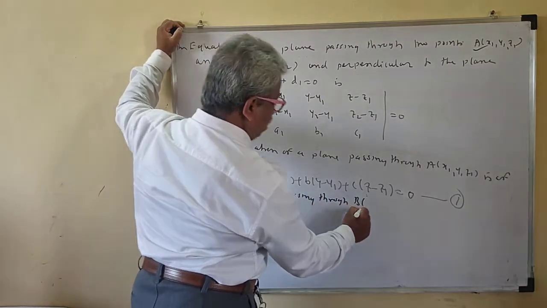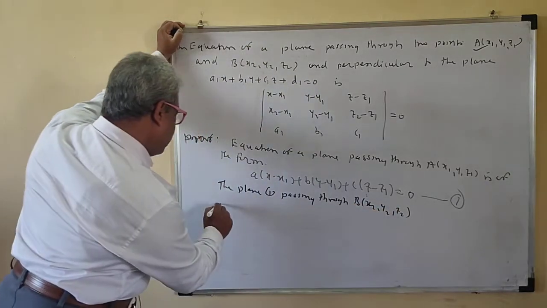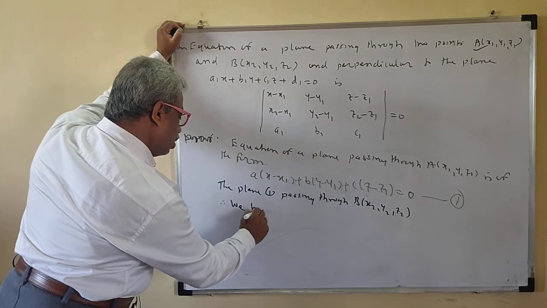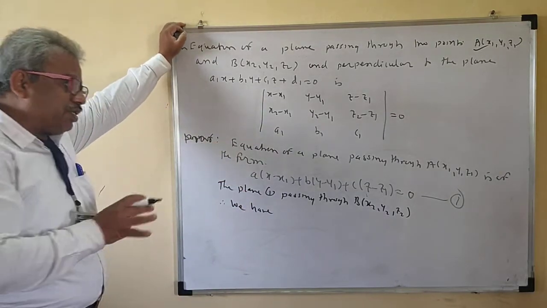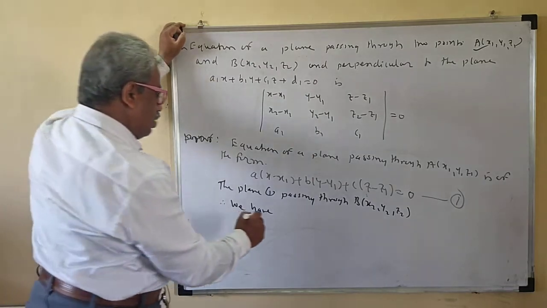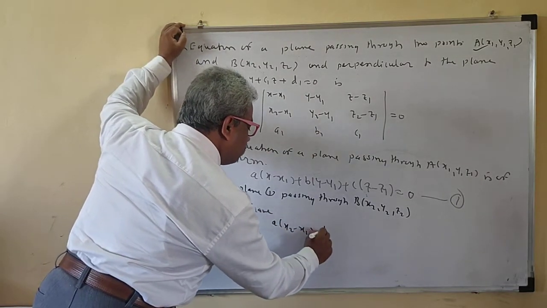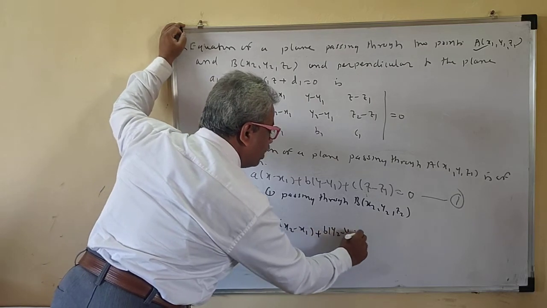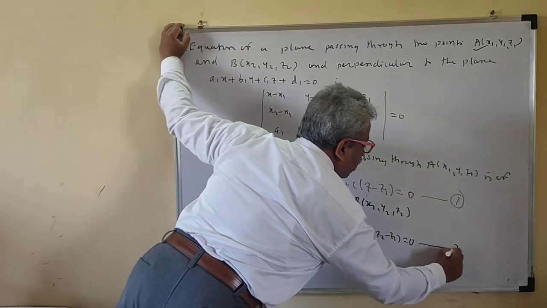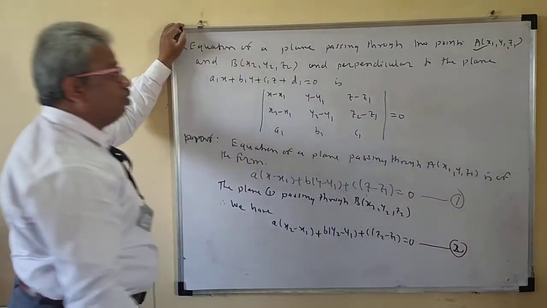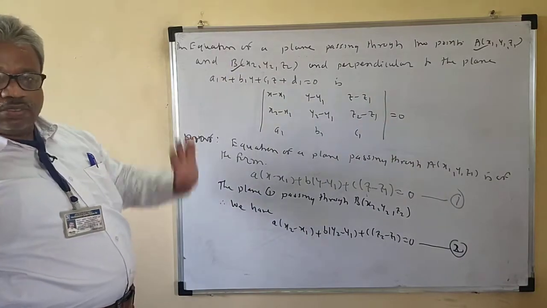Therefore we have A(x2 − x1) + B(y2 − y1) + C(z2 − z1) = 0. We have this as equation 2.